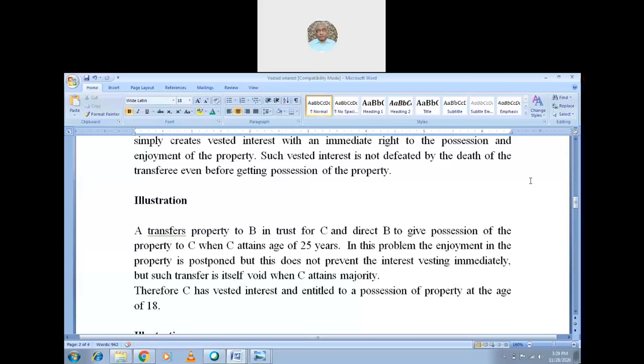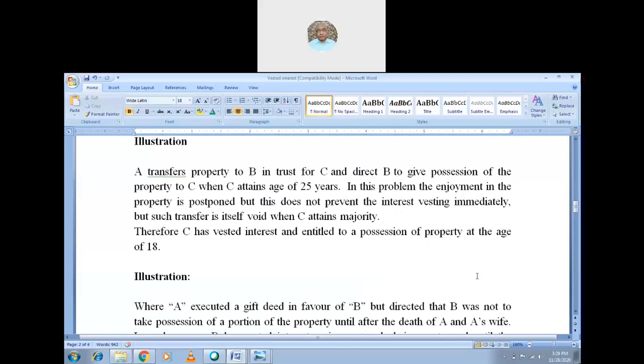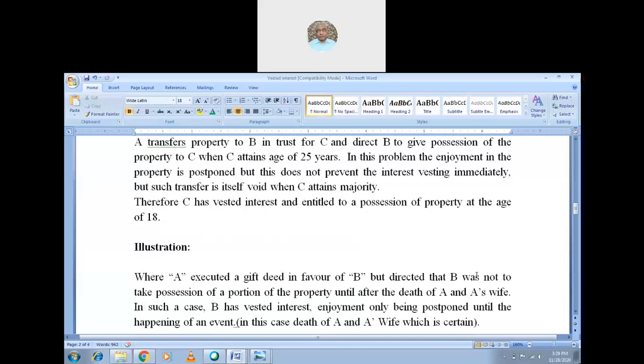Because as soon as C attains the majority, the vested interest comes to C immediately. But if you keep the condition in such a way that it extends beyond 18 years, such a transfer is void. Therefore, C has a vested interest and is entitled to possession of the property at the age of 18. But if any person prolongs it, that transfer is void.